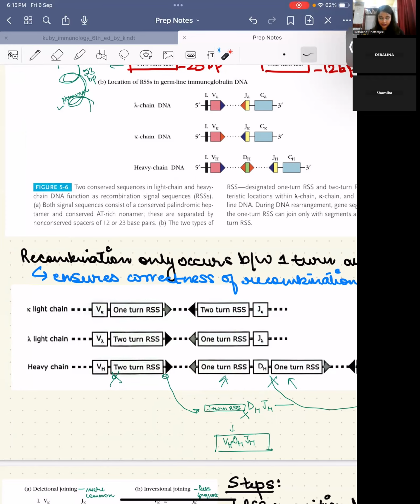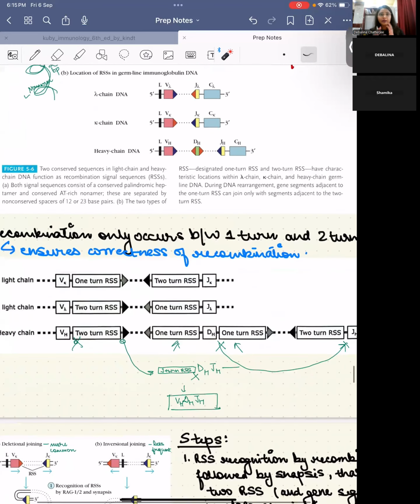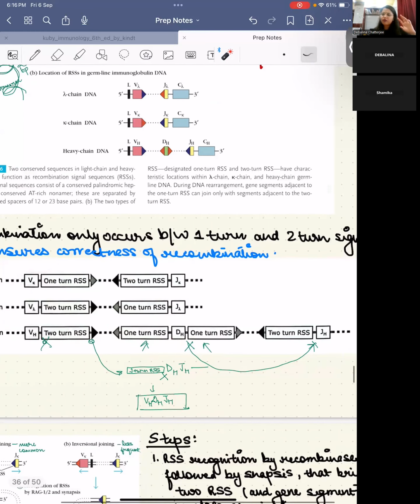In the heavy chain arrangement, this is a little more clear to understand. The significance of it becomes easier to understand because now there is a D segment in between, and on both sides it's flanked by a one-turn sequence. And here you have a two-turn sequence with the V region and a two-turn sequence upstream of the J region.